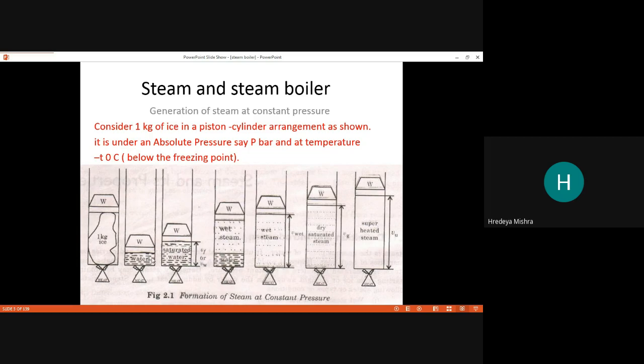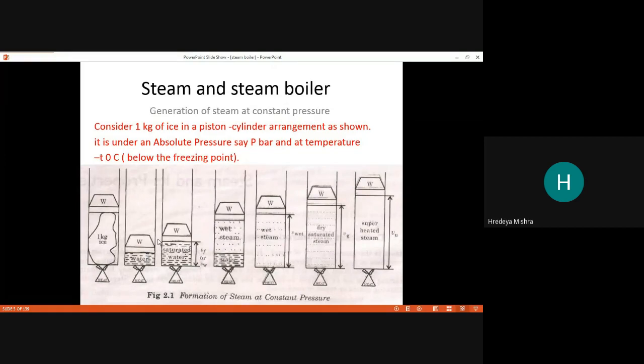So what happened here? Heat is supplied and 1 kg of ice is there. You can see the ice is converted to water. First ice is converted to water, and then saturated water is there. It is the situation of water after which steam generation starts, called saturated water.